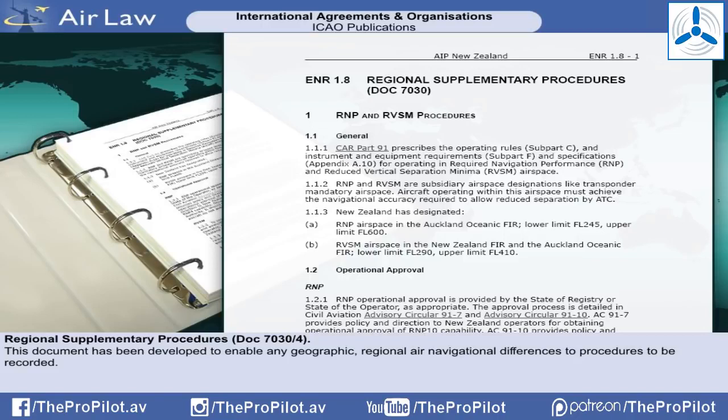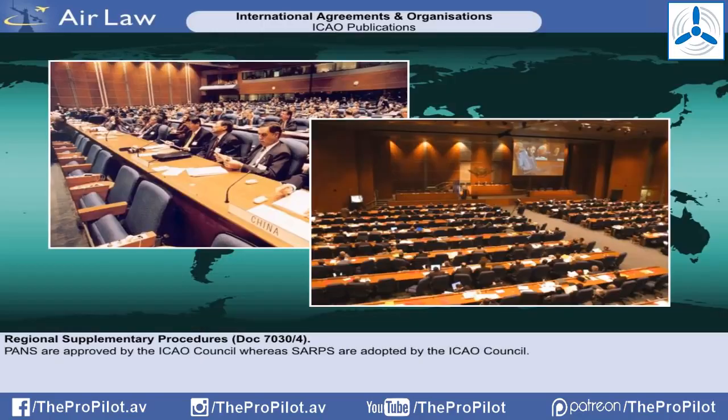This document has been developed to enable any geographic regional air navigational differences to procedures to be recorded. This would normally be done by the ICAO regional offices and approved by the Council. It should be noted that PANS are approved by the ICAO Council, whereas SARPs are adopted by the ICAO Council.